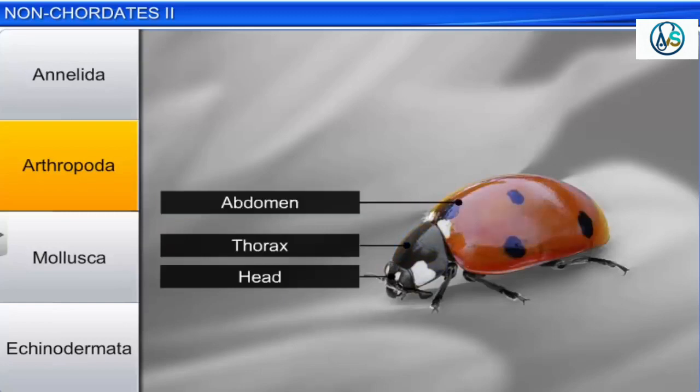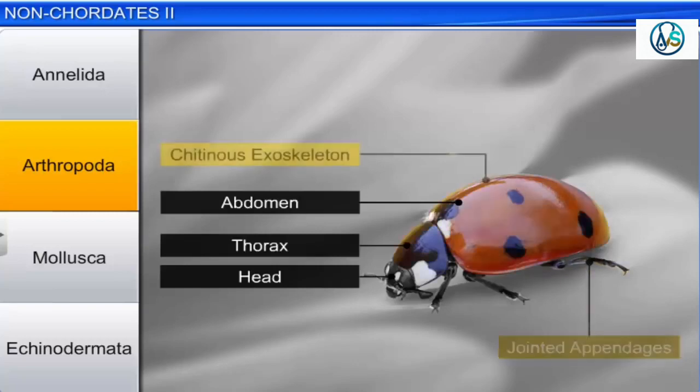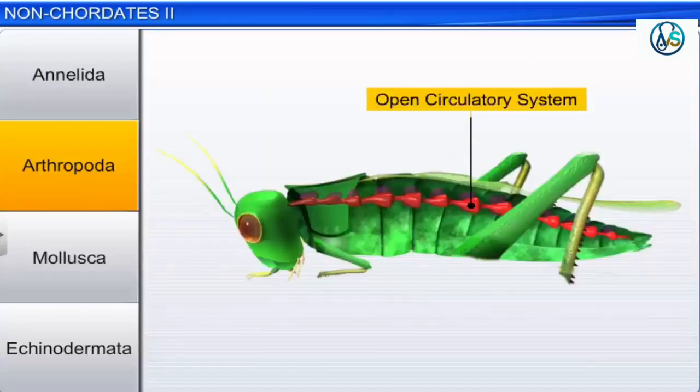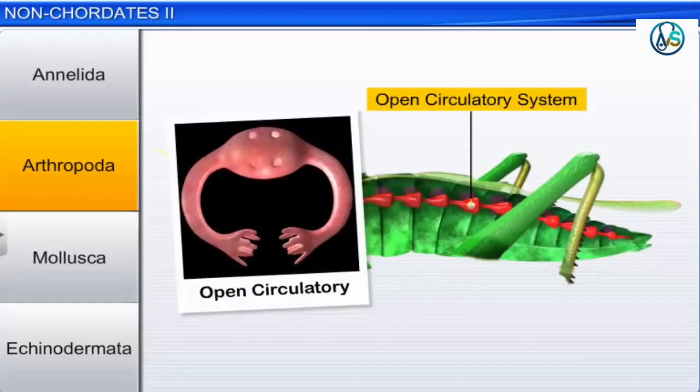These animals are characterized by the presence of jointed appendages and a chitinous exoskeleton. Arthropods respire through the gills, book lungs, or tracheal system, and have an open circulatory system.